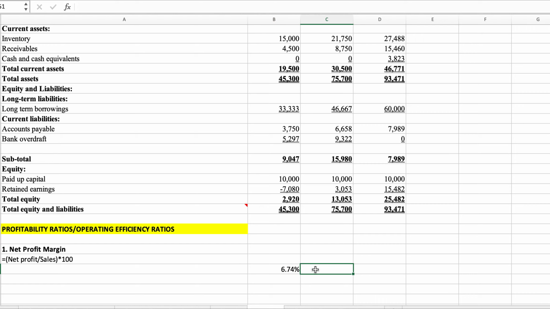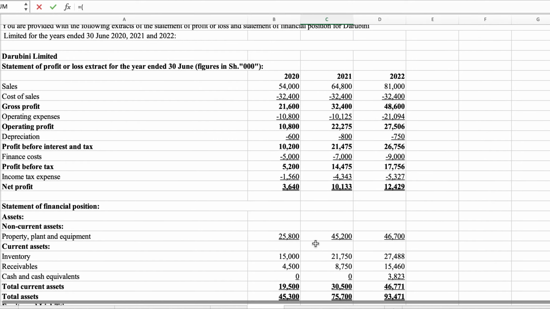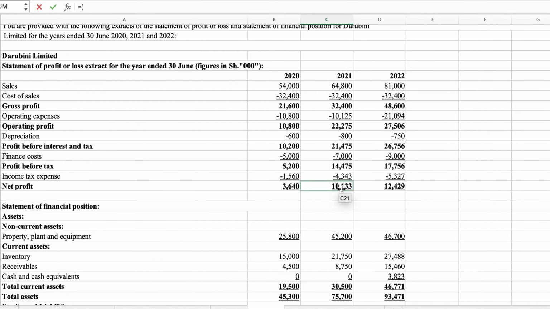For the following year, the same applies. Net profit margin is given by the net profit for 2021, which is 10,133, divided by sales.